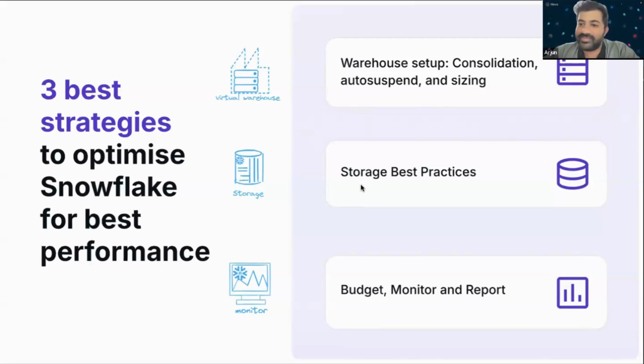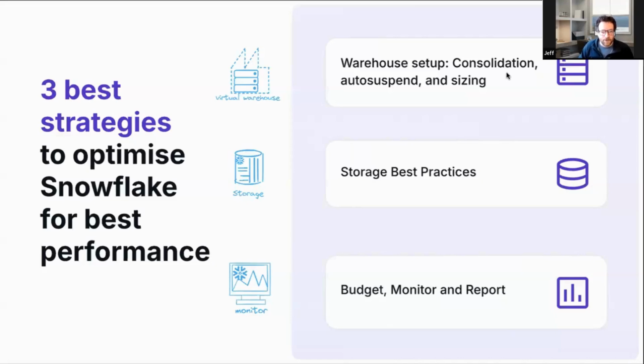Another big one here, just still under the virtual warehouses section, is on consolidating warehouses. So the one mistake that I did myself, and talking with others who specialize in this area, pretty much everyone does it, is naming warehouses like they're cost centers or like they are assigned to specific departments.